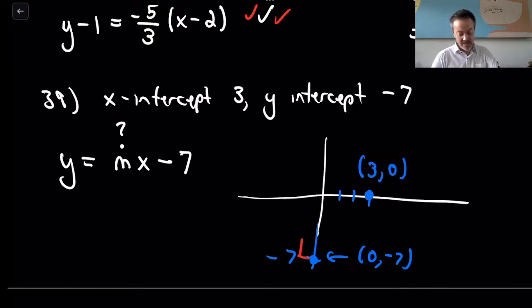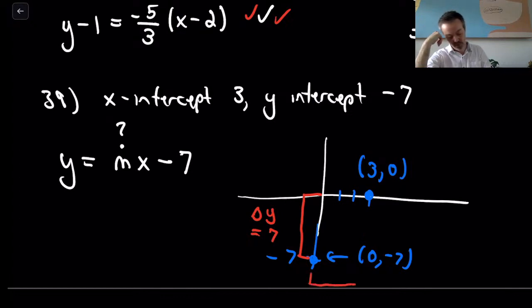If I'm at -7 and I go up to the x-axis, which is y = 0, that's a change in y of +7. I've moved up 7 floors. Likewise, if I go from the x-coordinate of 0 over to the x-coordinate of 3, that's a change in x of 3.